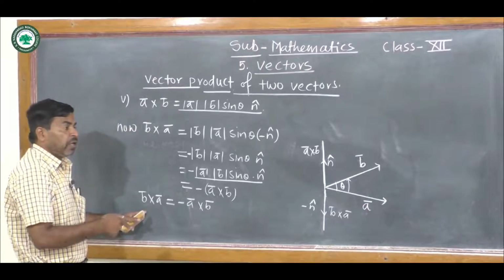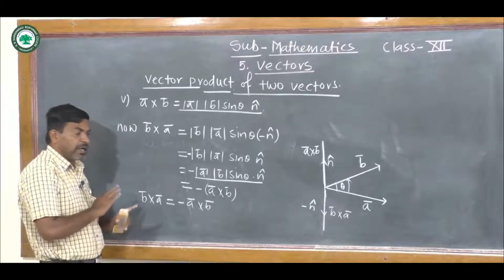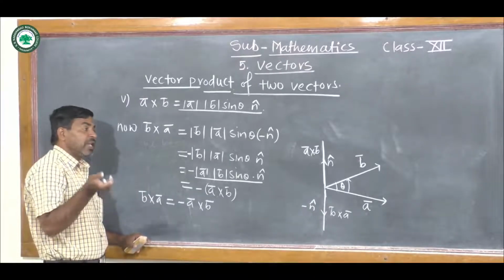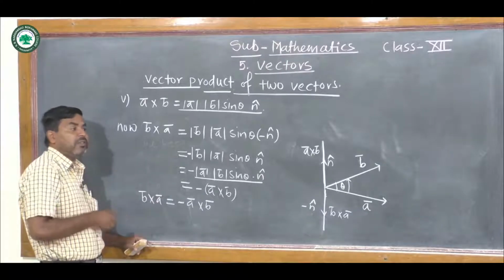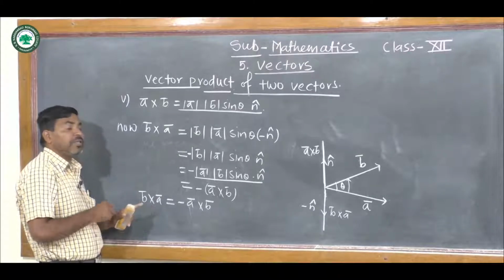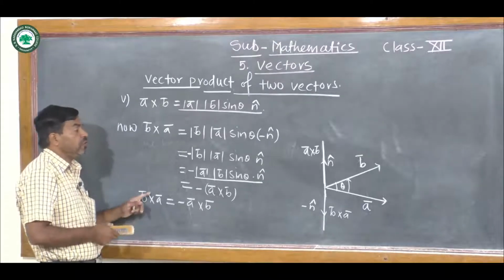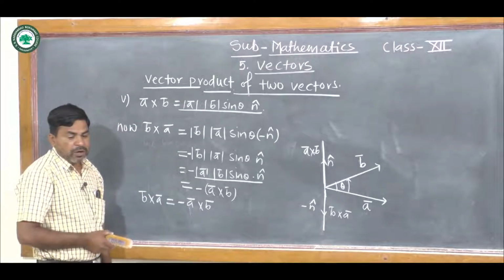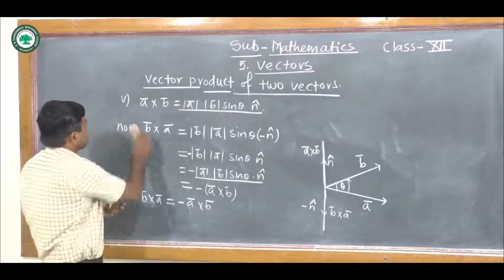So from this we conclude that the cross product is not commutative, as scalar product, dot product is commutative, but vector product, meaning cross product, is not commutative. This is remark number 5. Now remark number 6.